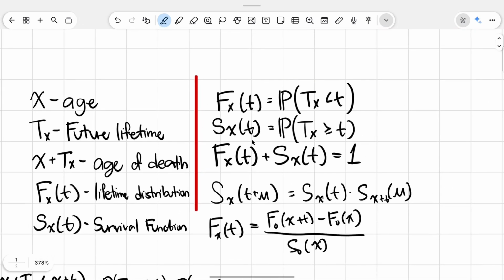So this is what we've learned together, and I hope we can remember this. These are very important notations and properties that will matter in more topics.